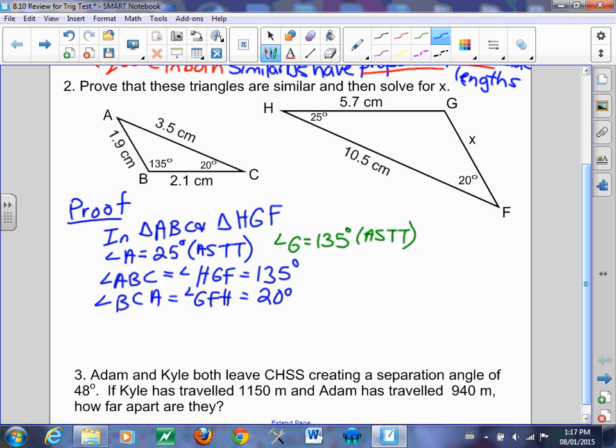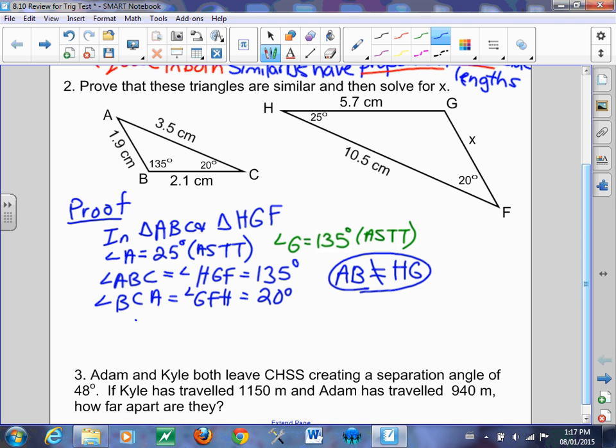Now, how do we differ this between similar and congruent triangles? So we have to take a look at a side length. So let's just pick AB, that's a given side length. And does it equal its corresponding side, which is HG? No, it does not. So therefore, we can now prove that it is similar, because otherwise, if these two were equal, then we would prove it congruent.